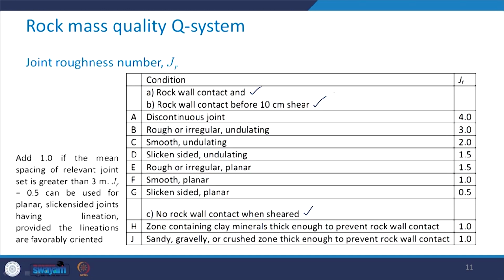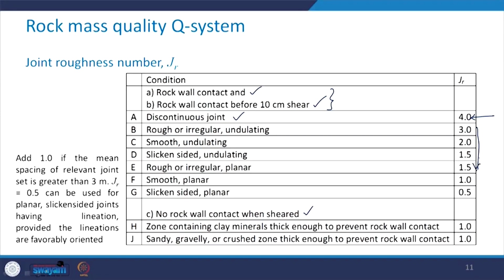For the first 2 conditions, in case you have a discontinuous joint, a rating of 4 should be assigned, and as the roughness of the joint keeps reducing, the rating also keeps reducing in this direction.